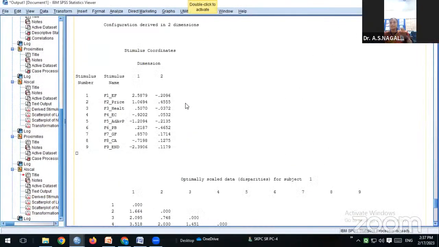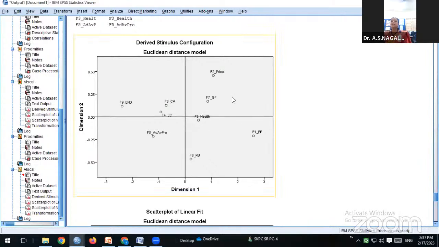The same is expressed again. See here, are you able to see? In this quarter, you have to create a dimension. In the sense, the people are conscious about environmentally friendly or not environmentally friendly. You can take that as one dimension. The other dimension, the people are conscious about price and not conscious about price.